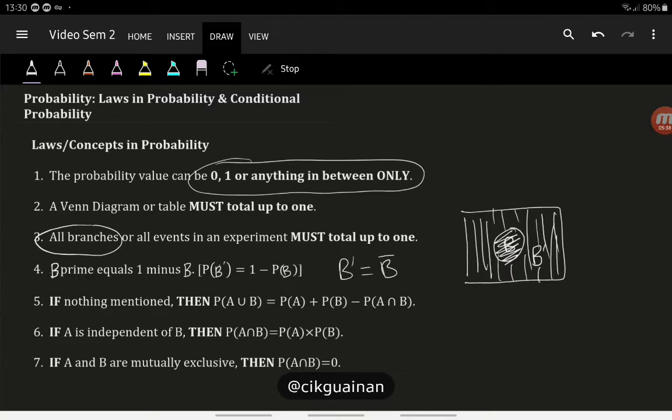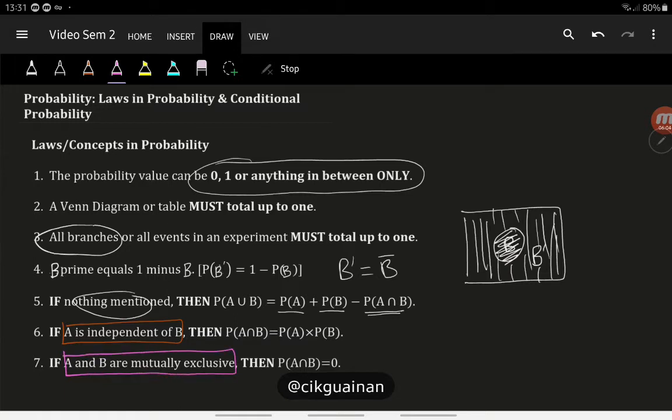Next, if nothing is mentioned, then the union of A and B equals P(A) plus P(B) minus P(A intersect B). Nothing mentioned means they didn't mention whether A is independent of B or A and B are mutually exclusive.